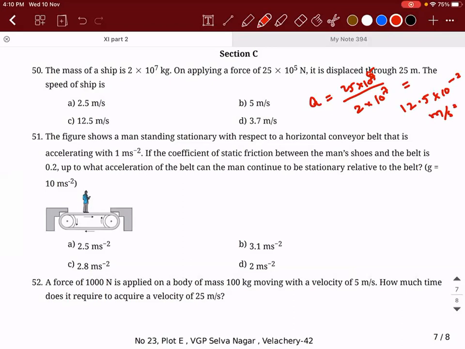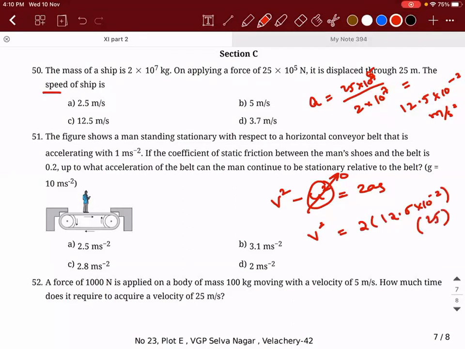It is displaced through 25 meters. So we need to calculate the speed of the ship. v square minus u square is equal to 2as. u is 0, so v square is equal to 2 into acceleration 12.5 into 10 power minus 2 into displacement 25. So 25 into 25 is 625, but there is no option.